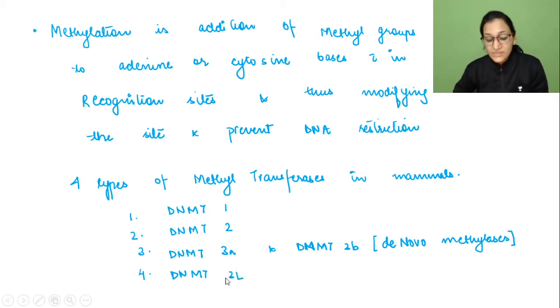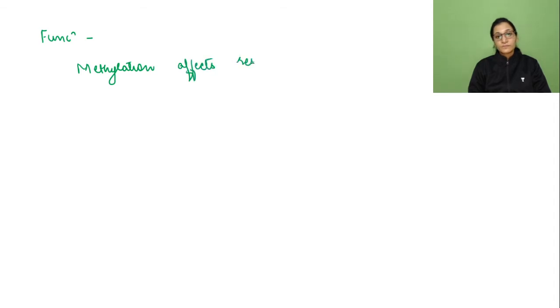So this process of methylation affects the restriction. Restriction enzyme will generally not cut the molecules where a particular base within the recognition site is methylated. So let us write its function. Methylation affects restriction. Why?